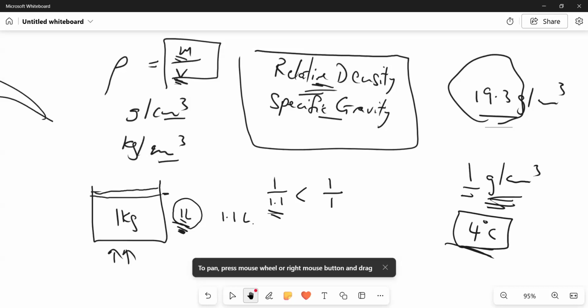Let me see if I can get an average density. Density of crude oil. Let me use crude oil. Give me a second, I'm just Googling it. Okay, so strangely enough, crude oil is slightly less dense than water.